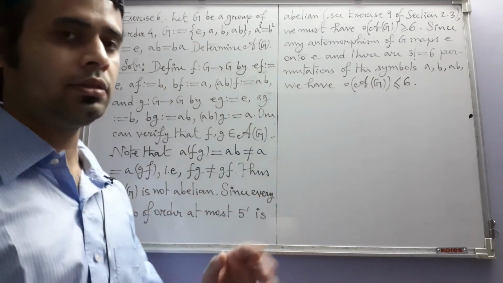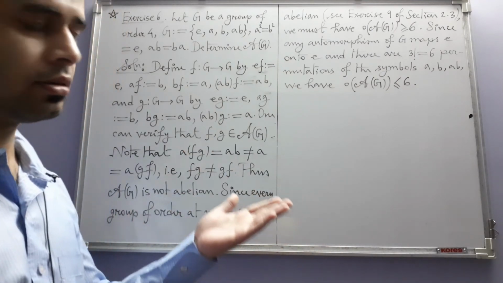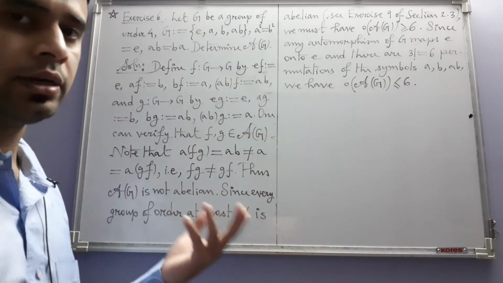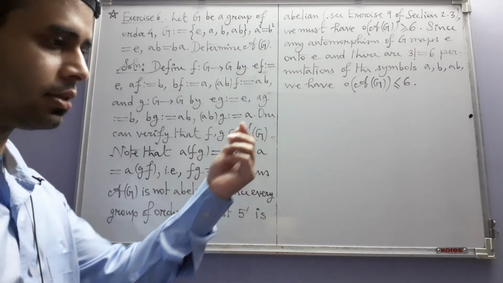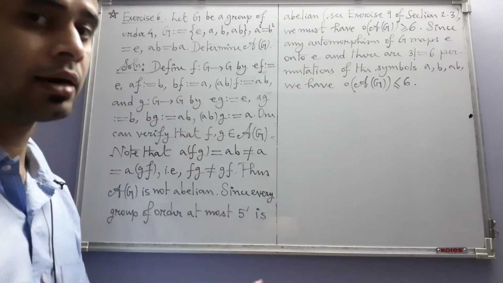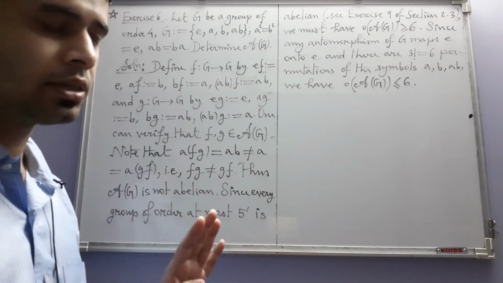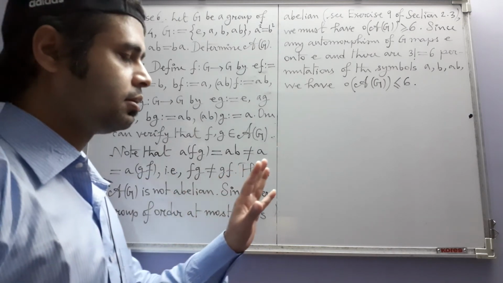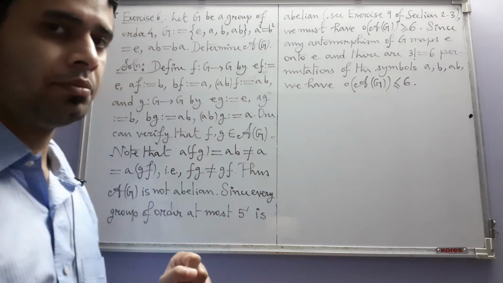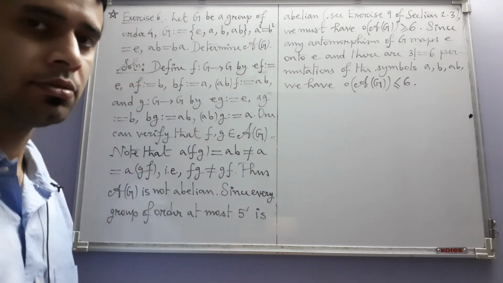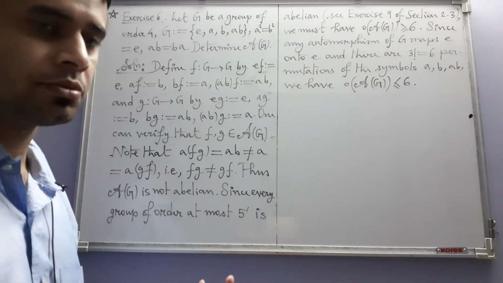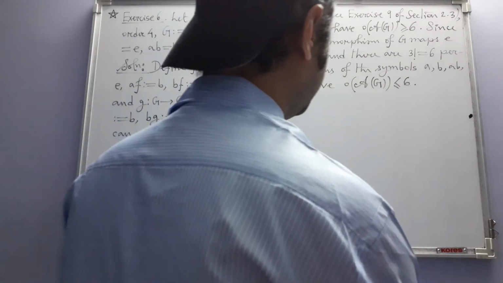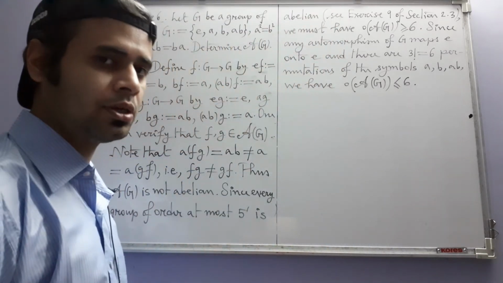We are not saying that all the 6 functions that you get as bijections satisfying that E gets mapped onto E are automorphisms. That's not what we are saying. We are saying that that is the maximum number, because that many bijections you have. So some of them will be automorphisms like F and G, and some of them will not be automorphisms.